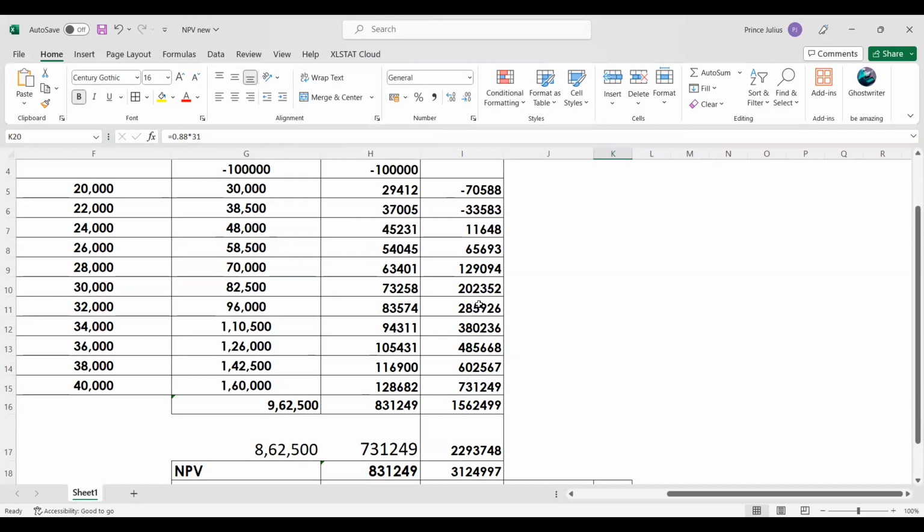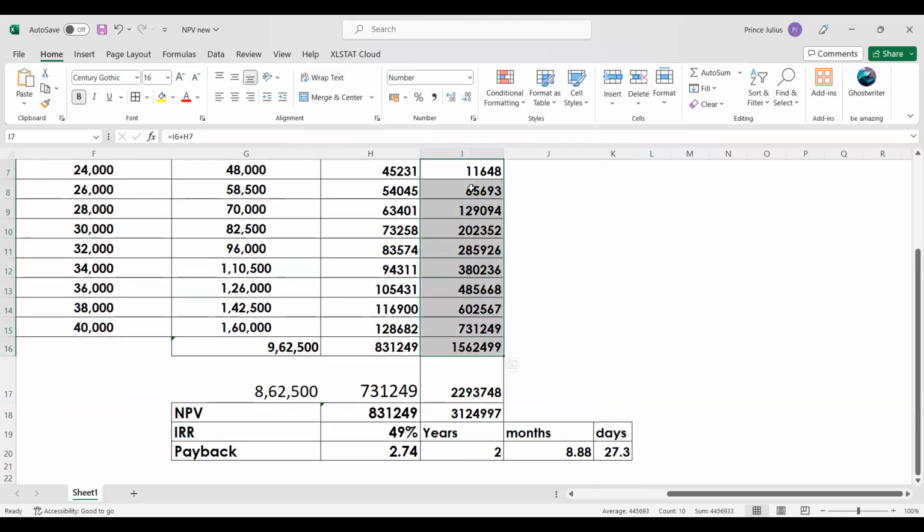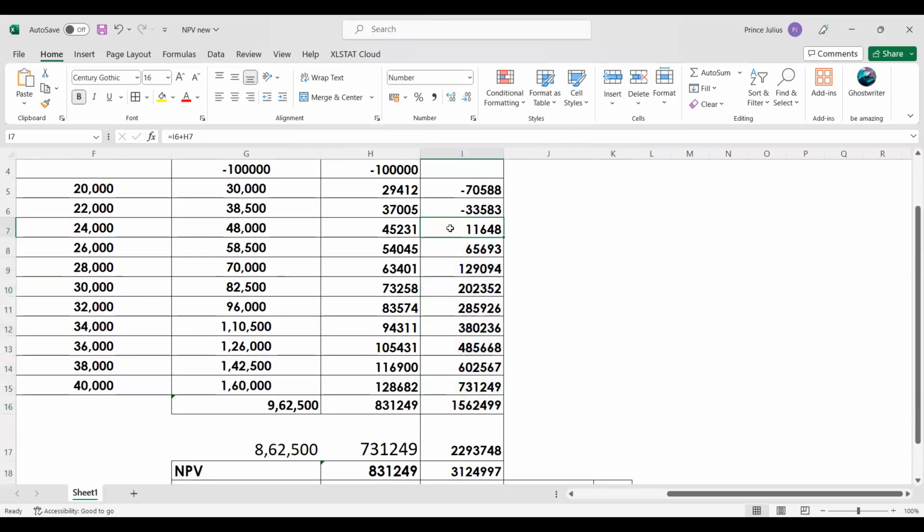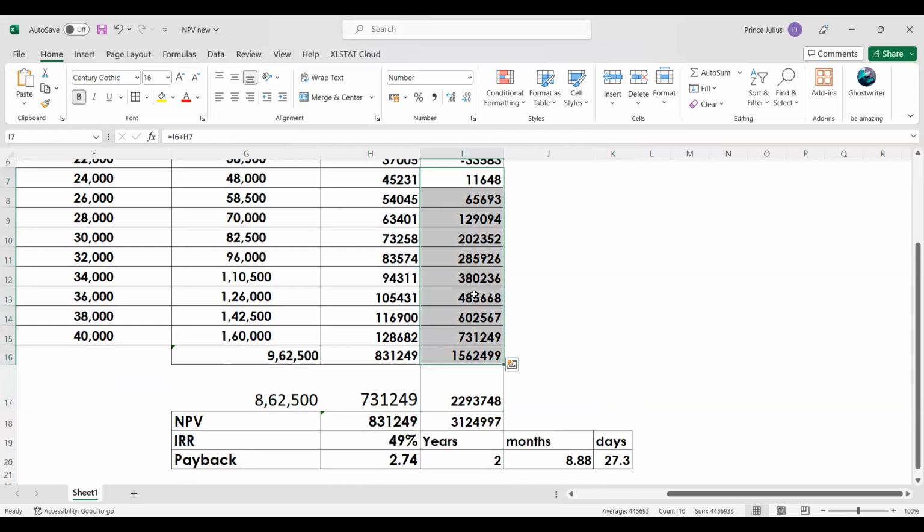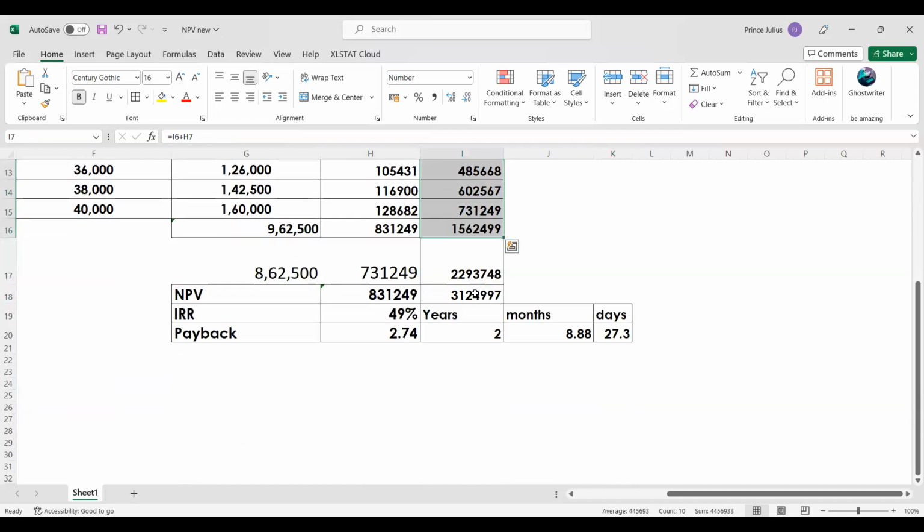After that, whatever you see are all related to profits. So you can start estimating to observe the profits in discounted values. This is probably the profit without discounted value, but after that you are observing values that are the profits with discounted values. So this is how you are able to estimate the payback period, internal rate of return, and NPV, that is net present value.